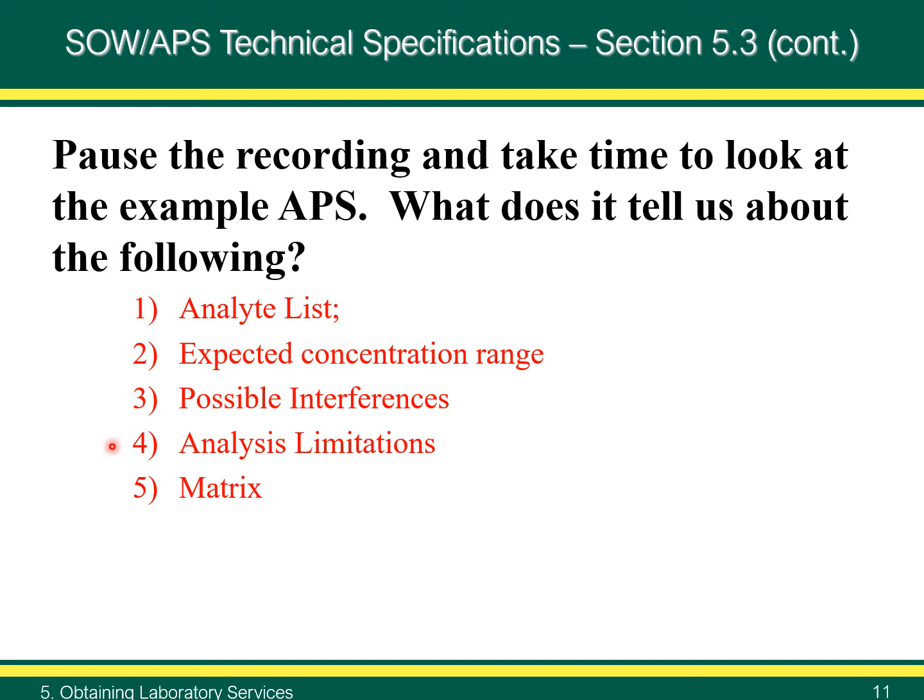The fourth item is analysis limitations. Analysis limitation specifies perform direct measurement of analyte. Analysis of progeny is allowed if radioactive equilibrium is established at the laboratory from freshly isolated parent.